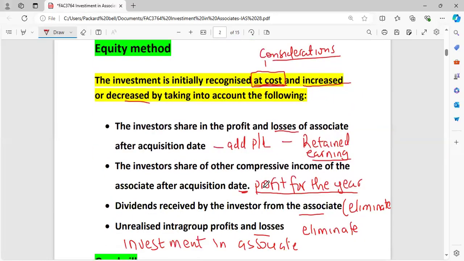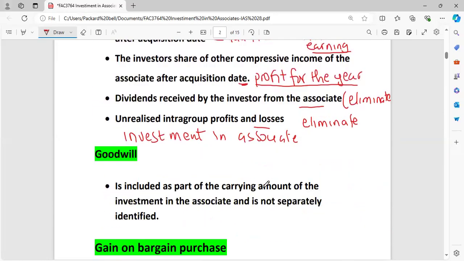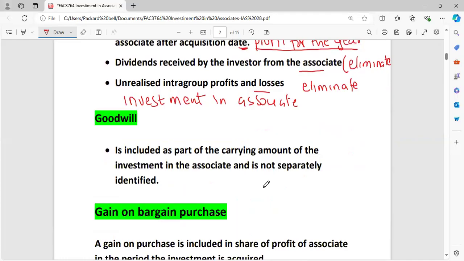Right, so that's there. I think we're going to look at a long question, which is going to clarify everything. So let's look at goodwill. Remember, we can have goodwill or gain on bargain purchase. This does not change.